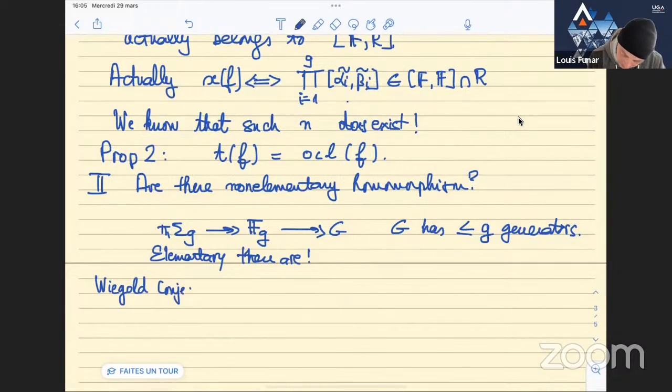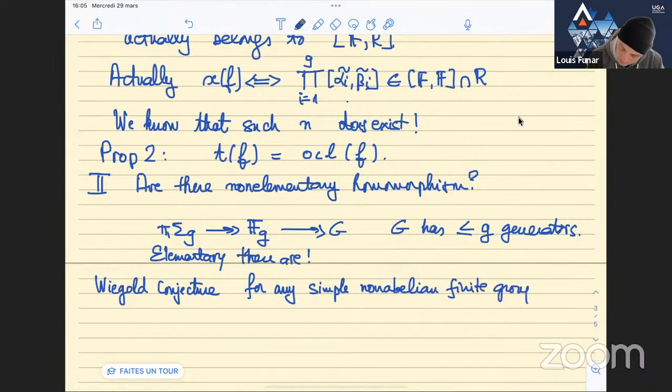It's around 50 years old, saying that for any simple non-abelian finite group G, and n at least 3, if I'm considering the elementary homomorphisms up to the right equivalence, so what is that?